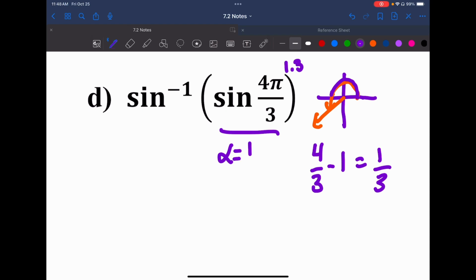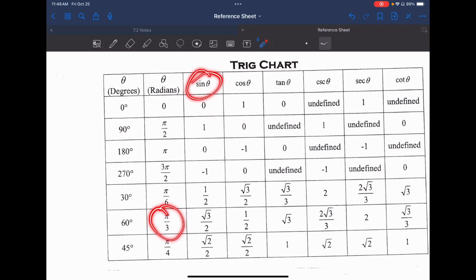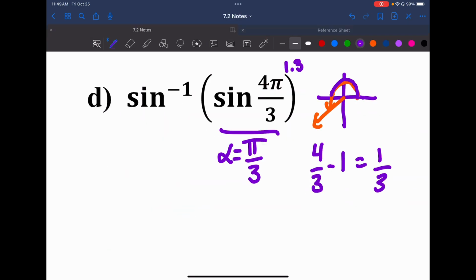So my reference angle is pi over 3. So now I'm going to find sine of pi over 3. I get square root of 3 over 2. But again, A, S, T, that's the T quadrant, and we're finding sine. That makes that negative.